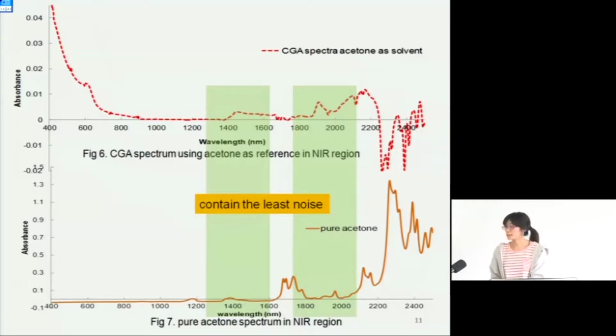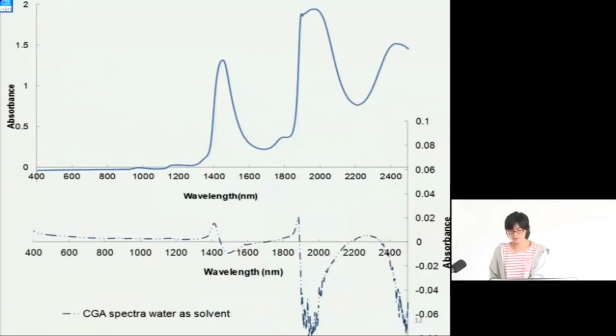Then, in order to extract the accurate CJ spectrum, I combine the CJ spectra obtained from using water as a solvent and acetone as a solvent. Then I will show how I combine the spectra. This is the CJ spectrum we get from using water as a solvent.